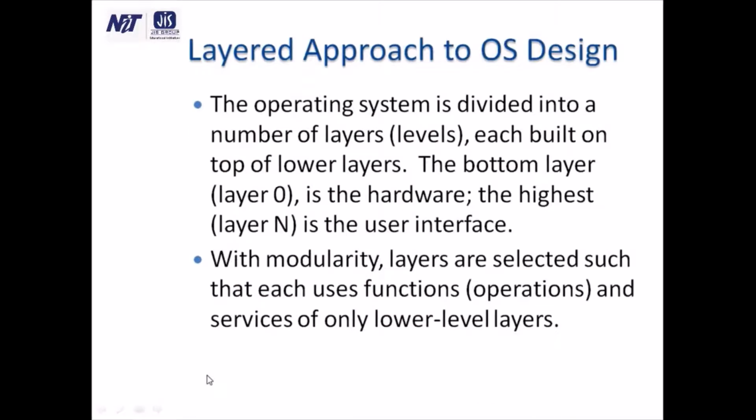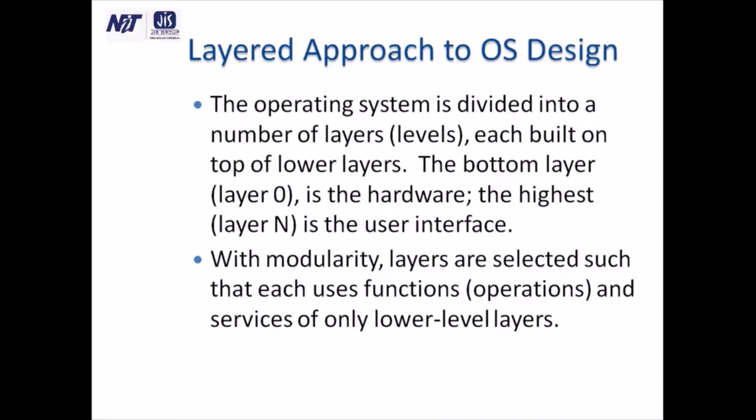The second one is the layered approach. The operating system is divided into a number of layers, each built on top of the lower layer. The bottom layer is known as level 0. It is the hardware, and the highest is the user interface. So the innermost layer is the hardware and the outermost layer is the user interface.